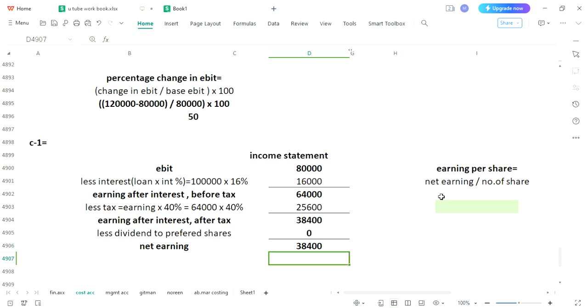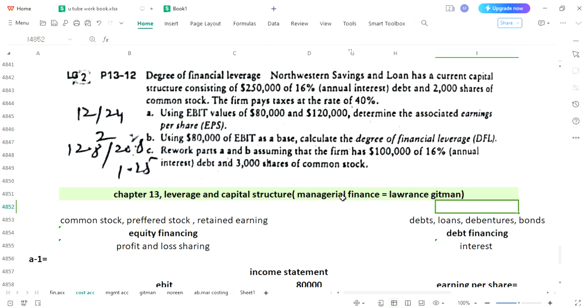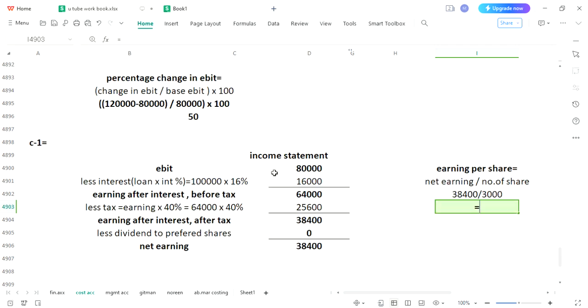Now we can calculate earning per share. Net earning which we have calculated is 38,400, and you need to divide it with number of shares 3000. 3000 is also given in your question. Look over here, what changes were asked to make. 1 lakh was the loan and 3000 number of shares. So let's calculate earning per share. 38,400 divided by 3000.